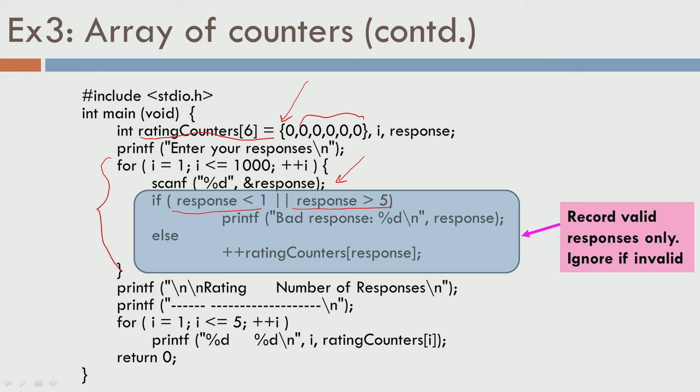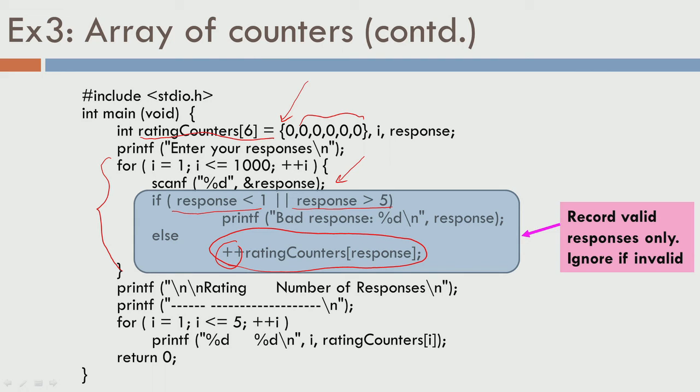So, we will record only valid responses, and if it is a valid response, we are going to increment the corresponding counter. Remember there are 5 counters, rating counters of 1 to rating counters of 5, and based on the response you index that particular counter and increment it. Again, if you want to break it down, you can think of it as plus plus on a variable, and which variable are you incrementing?